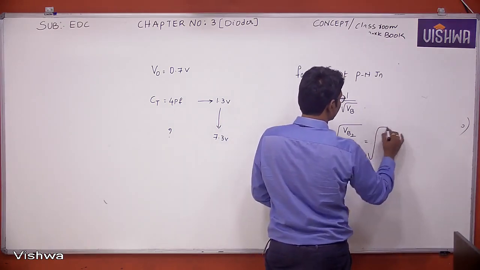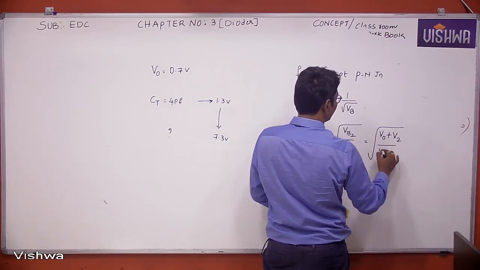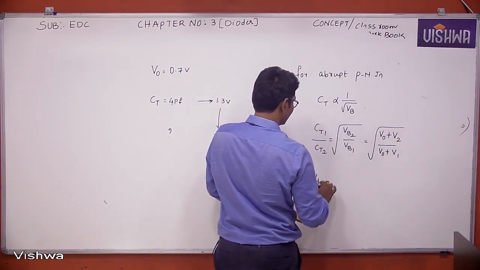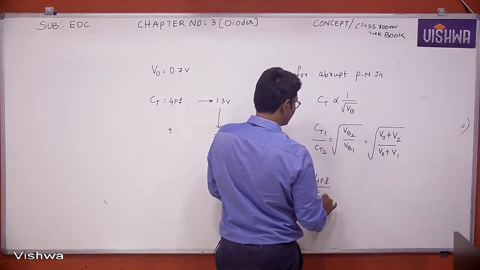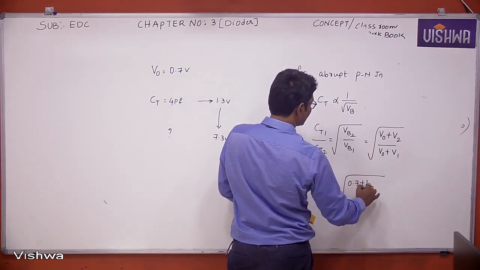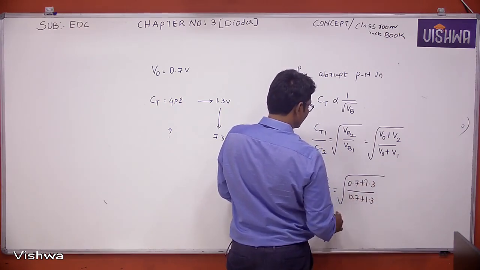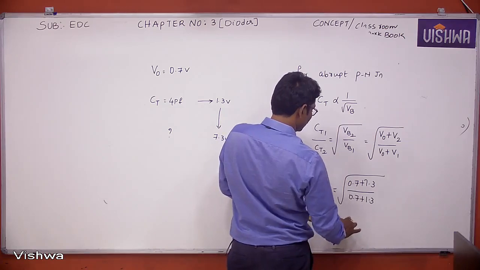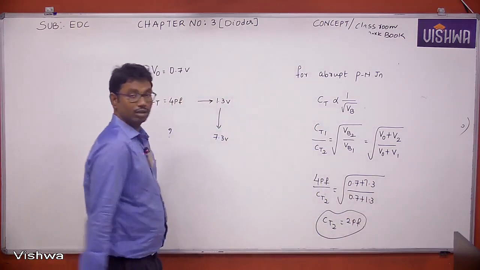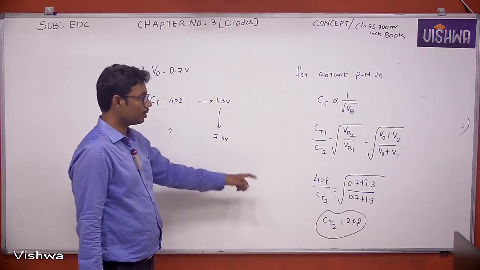VB2 is V0 plus V2, and VB1 is V0 plus V1. CT1 is 4 picofarad, V0 is 0.7, V2 is 7.3, V1 is 1.3. Then C2 is 2 picofarad. This is the junction capacitance value at 7.3 volts. Copy.